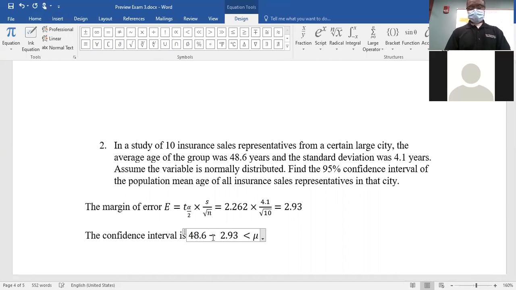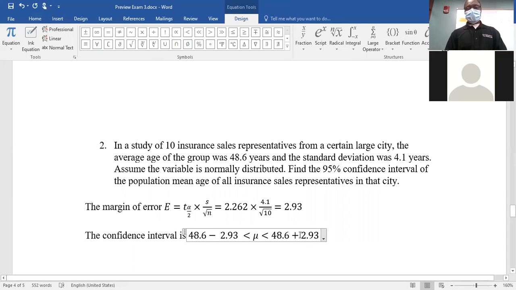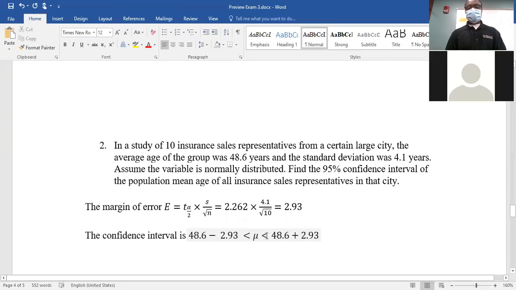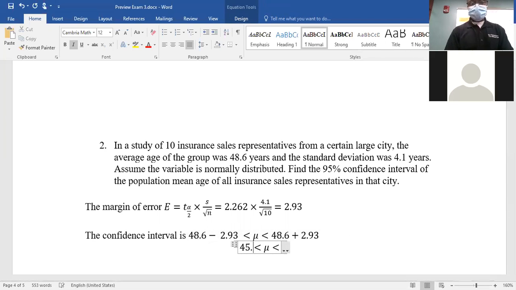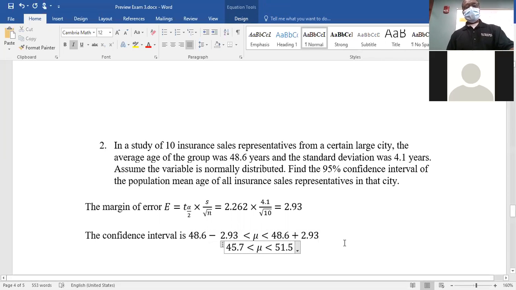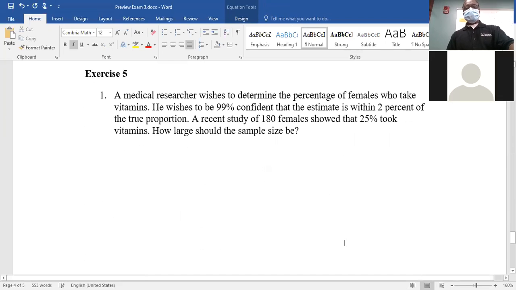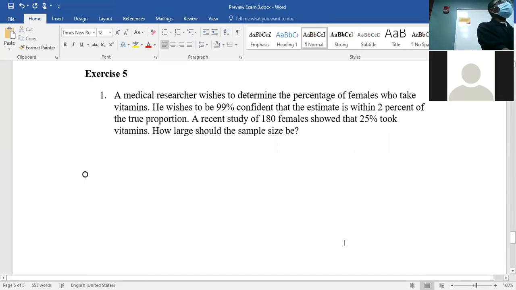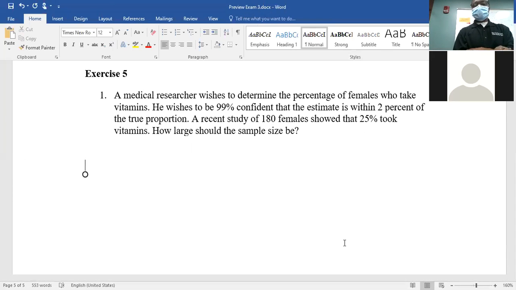Mu less than 48.6 plus 2.93. So what is the confidence interval? What are the two numbers? Yes. Do we have to do anything with the, actually, wait, never mind. Sorry, never mind, I answered the question.